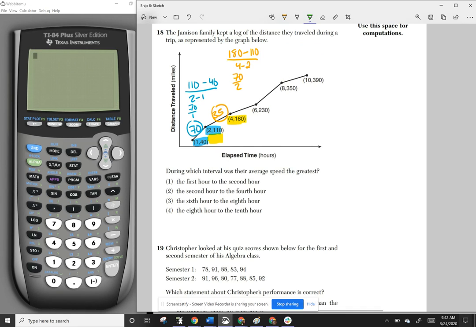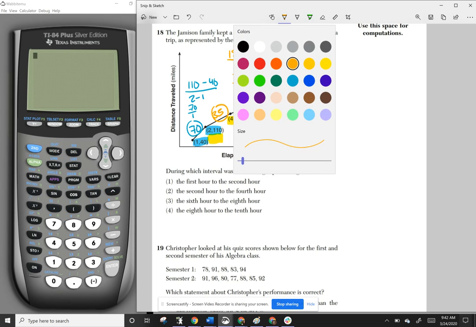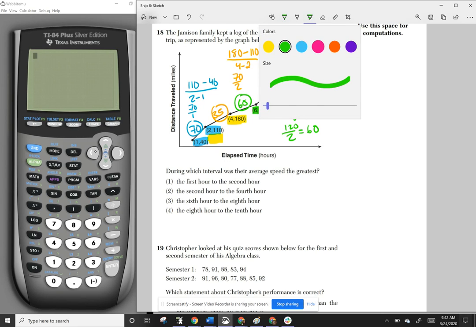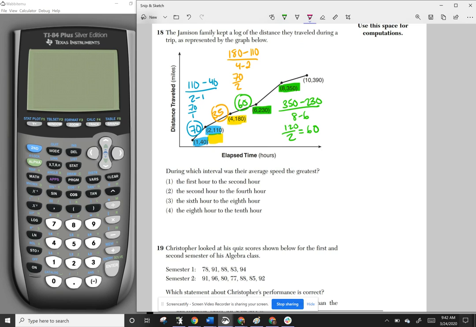Okay, now they want the sixth hour to the eighth hour. So we're going to do 350 minus 230 divided by 8 minus 6. 350 minus 230, we're going to get 120 divided by 2, and we get 60. And last but not least, they want the 8th hour to the 10th hour.